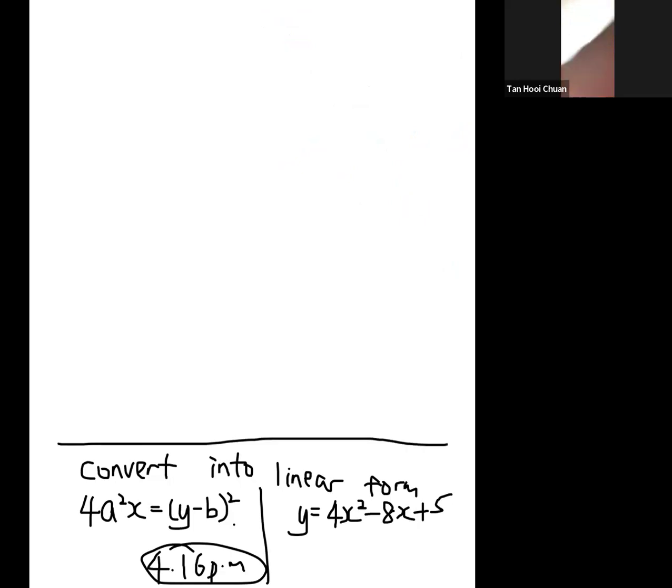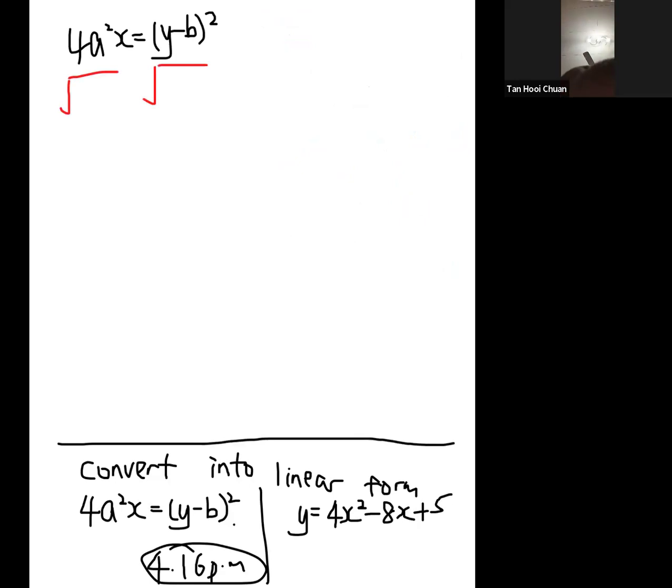Your first one, 4a square x equal to y minus b square. Okay, for this case, you need to square root the left, square root the right. The question you copy down, and then the second step only, you square root the right, square root the left.